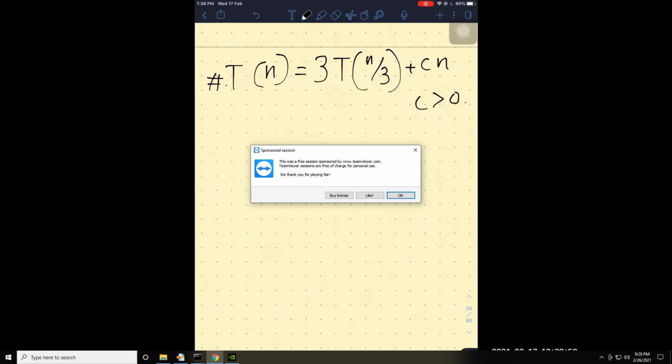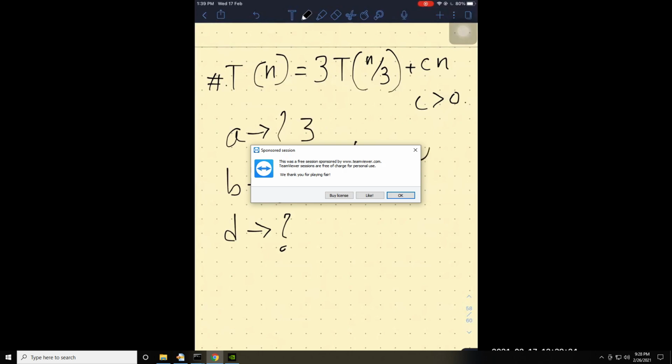Welcome back, everyone. So, anyone want to discuss the solution? What is A, what is B, and what is D? The A is 3, the B is 3. That means the log base 3 of 3 is 1.